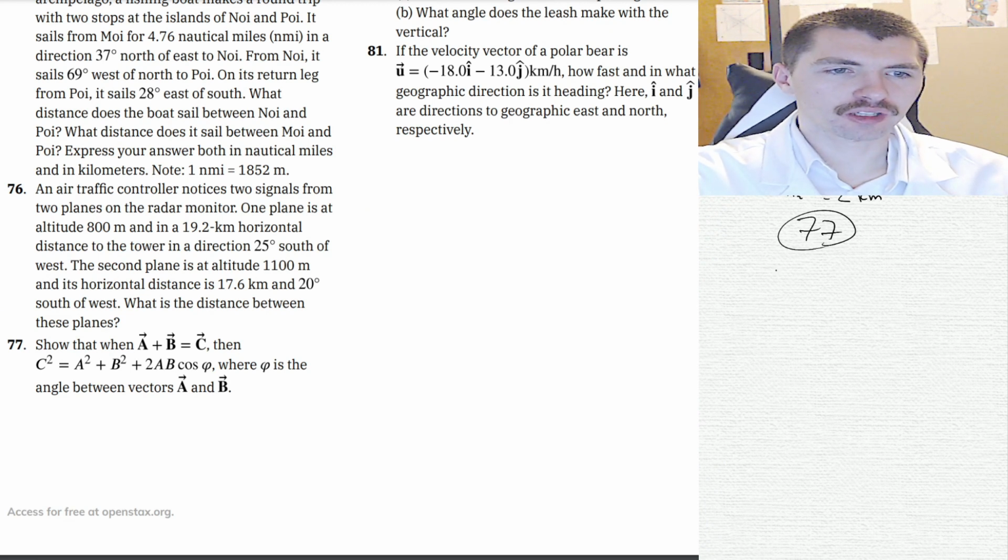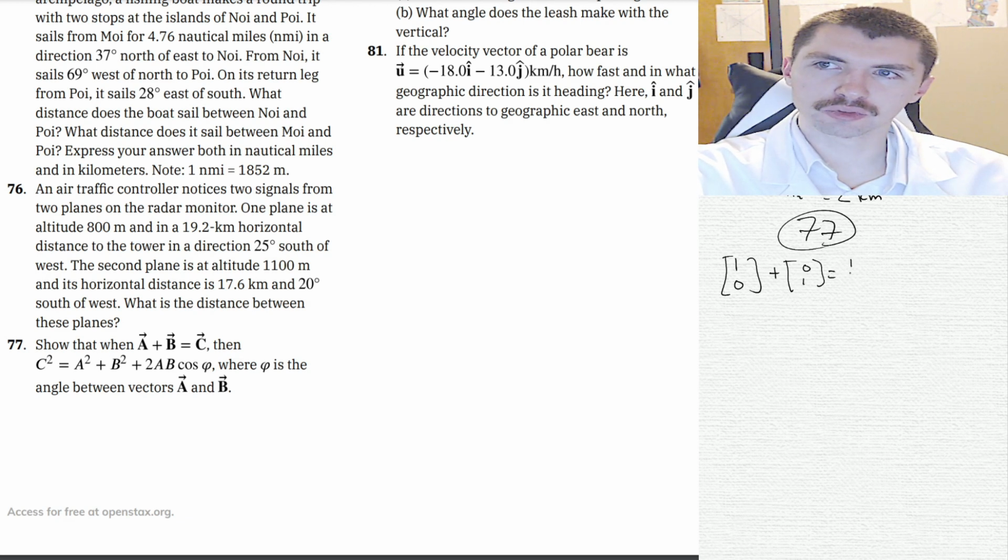Show that A, B, C. Okay, so where do we want to start with this one? Let's say 1, 0 plus 0, 1 equals 1, 1.